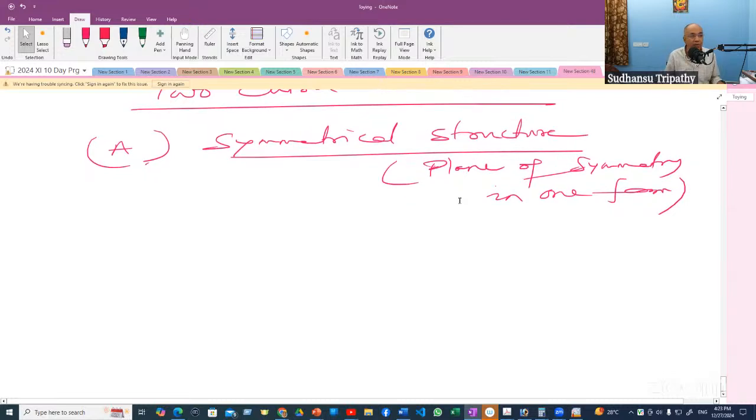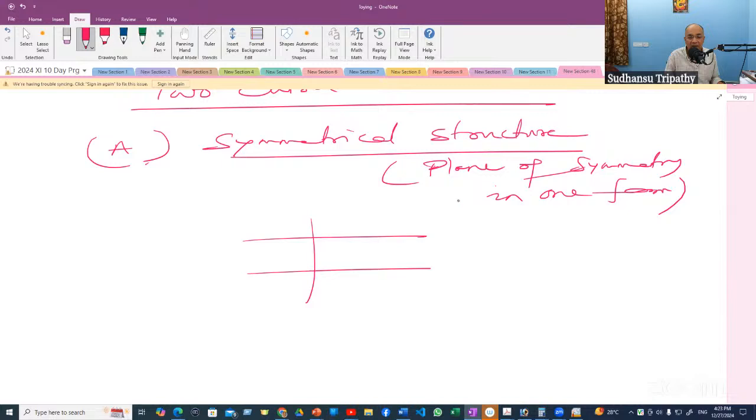That means supposing the compound is like this with two chiral centers. I am deliberately writing a symmetrical one to show a plane of symmetry here.